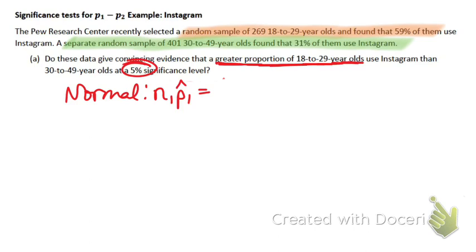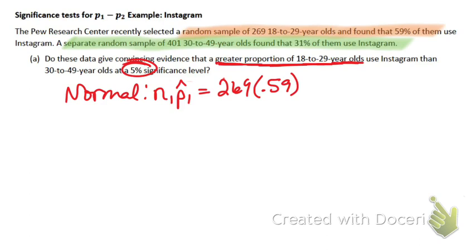So N1 was 269. P hat 1 was 59%. So 59% of this sample said that they used Instagram. Now, if I multiply these, I will get the number of successes in the sample, the number of Instagram users in the sample.